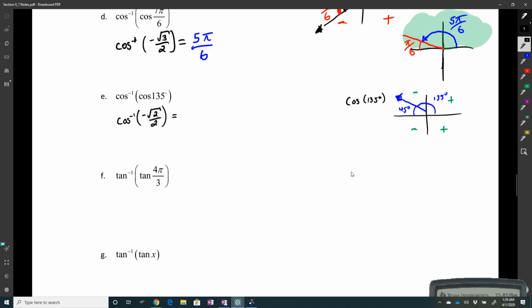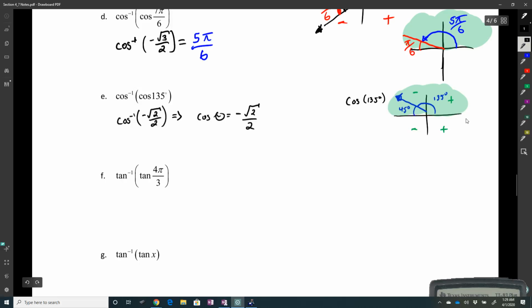Now, whenever you're giving the answer for cosine, though, the answer has to be in quadrants 1 or 2, where quadrant 1 is your positive answers and quadrant 2 is your negative answers. So this is saying, cosine of what angle is equal to negative square root of 2 over 2.